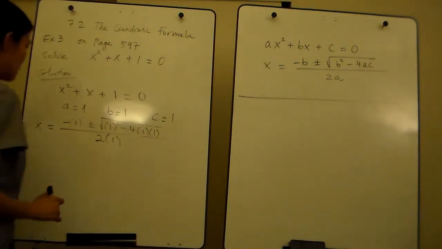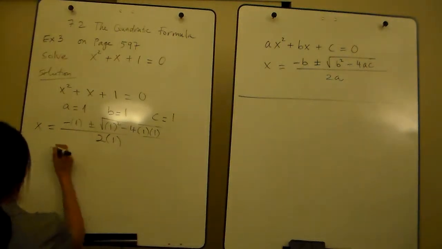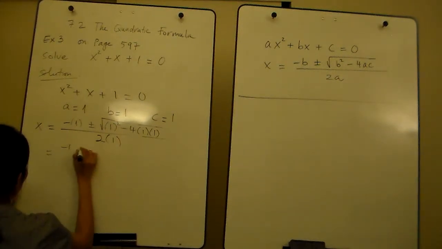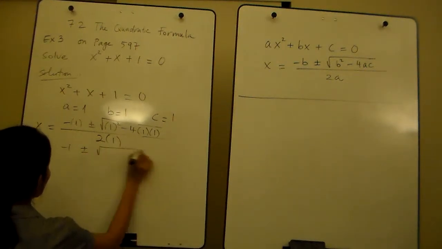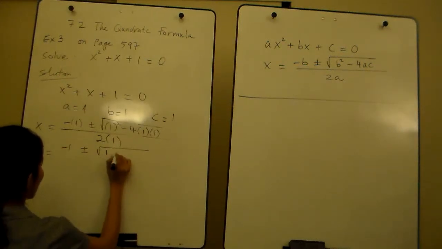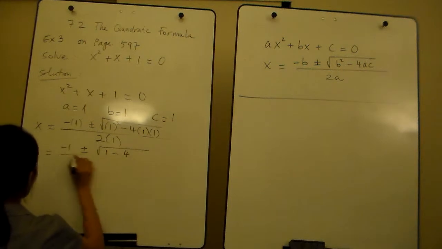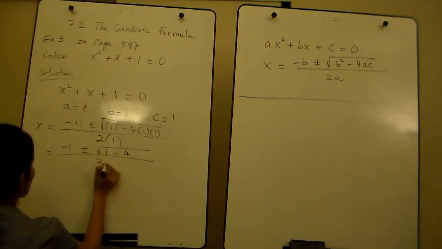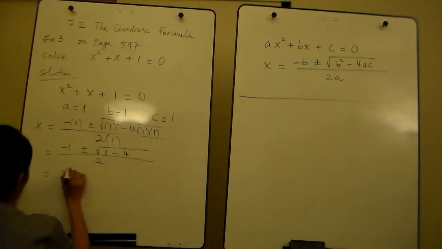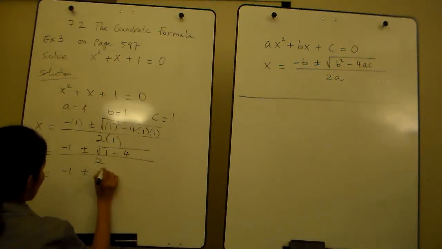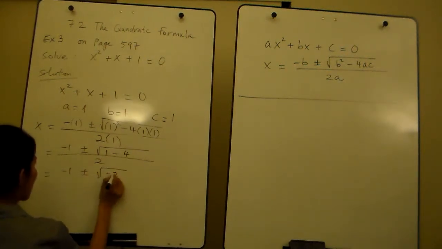Okay? Now simplify. So we have negative 1 plus or minus square root of 1 squared is 1, minus 4 times 1 times 1 is 4, divided by 2 times 1 is 2. So rewriting this, 1 minus 4 is negative 3, divided by 2.